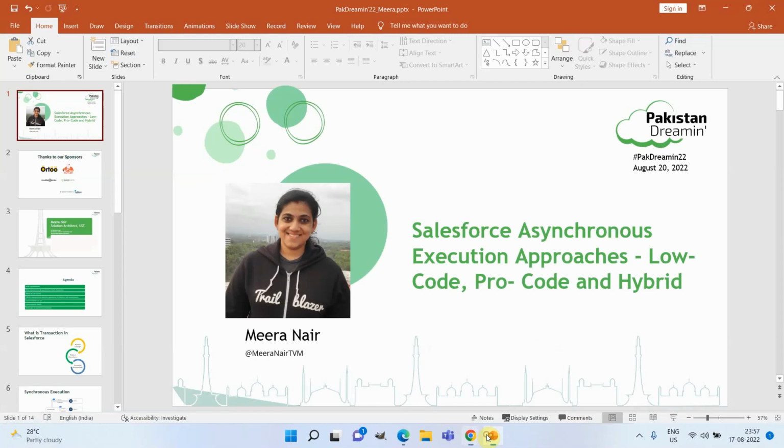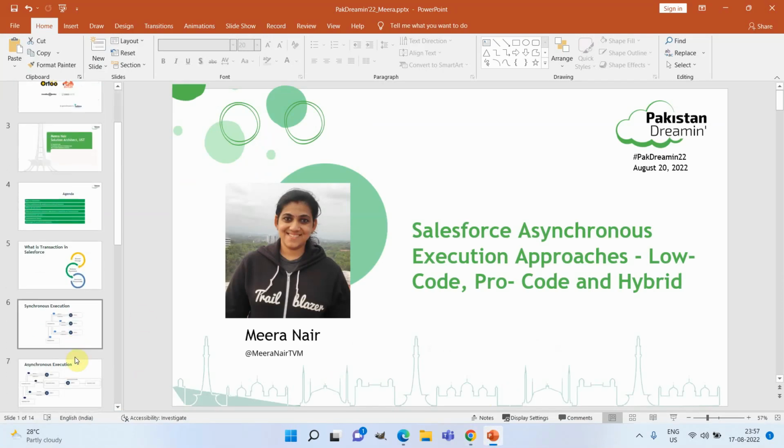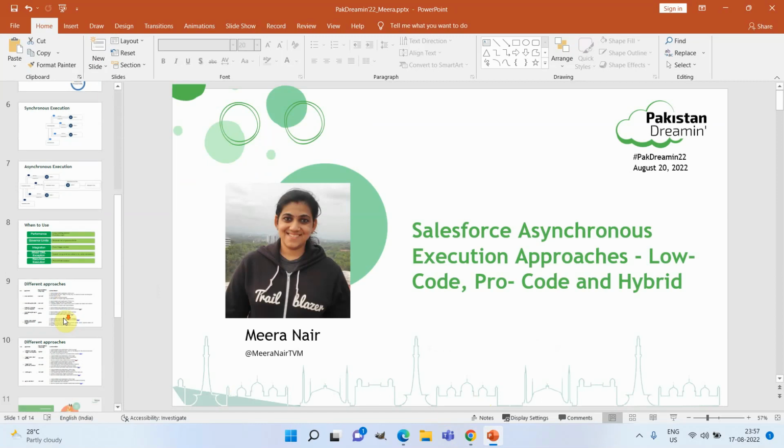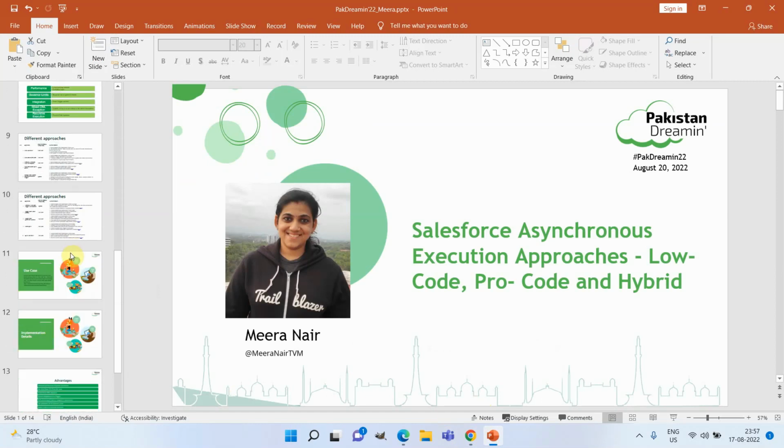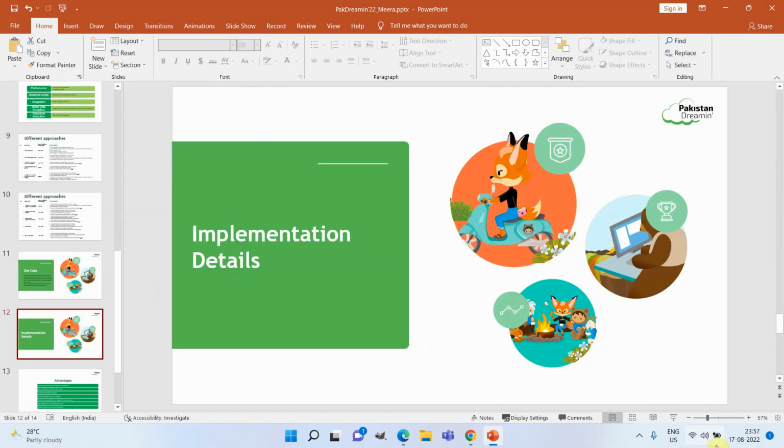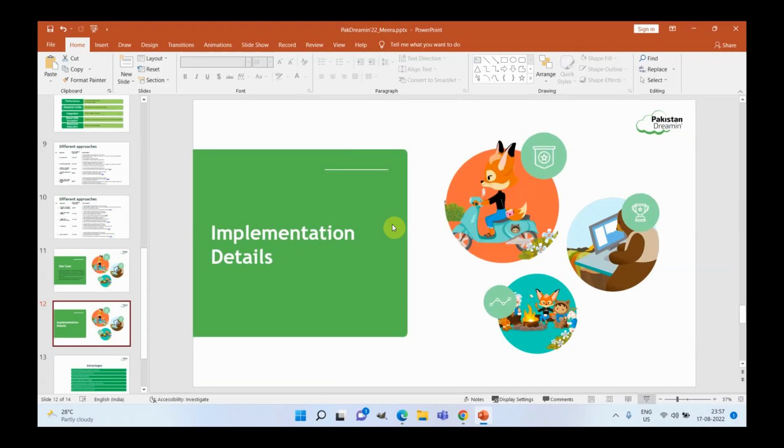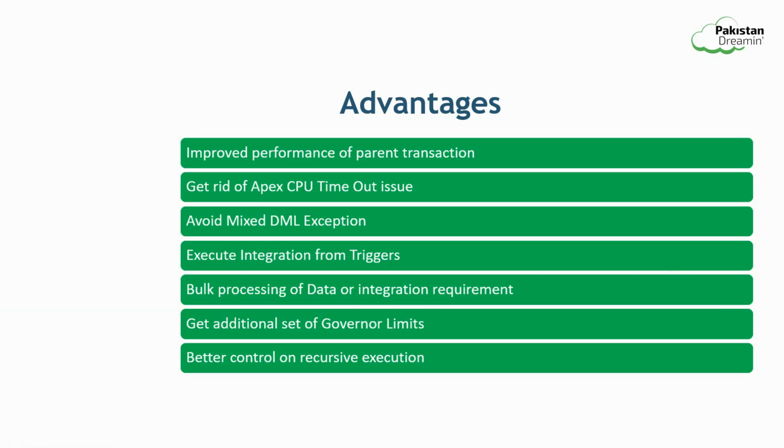Now we have seen all the different approaches of asynchronous execution that we described, along with the implementation details. We are going to see some of the advantages of utilizing asynchronous execution. As we discussed, we get improved performance of the parent transaction, because complex operations are deferred to a child transaction.